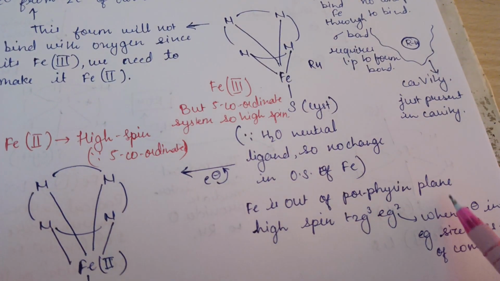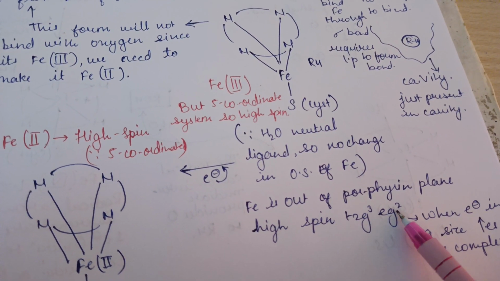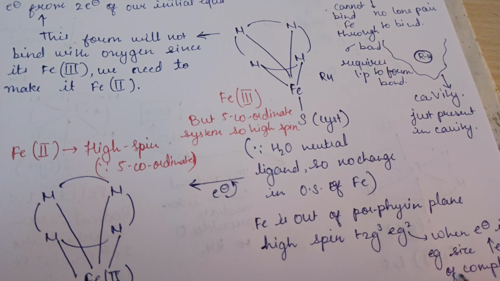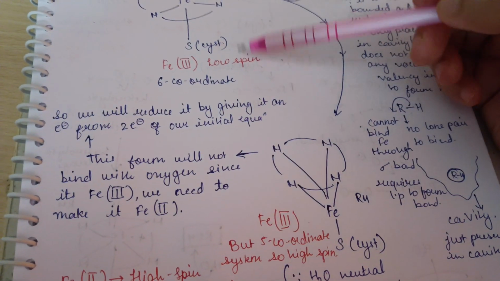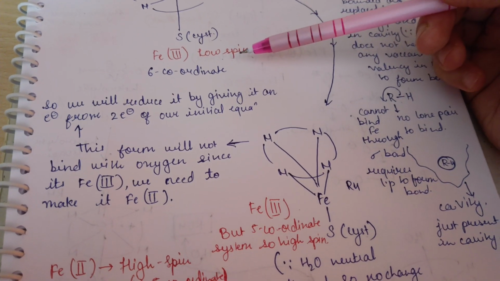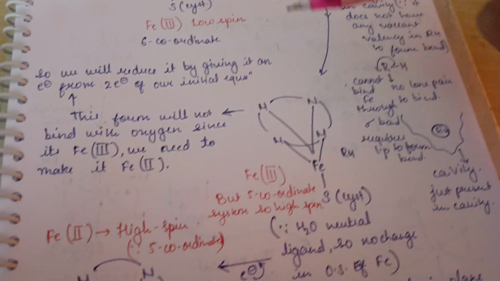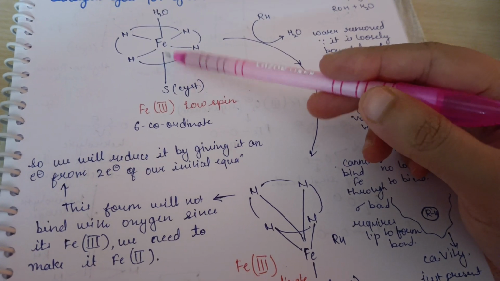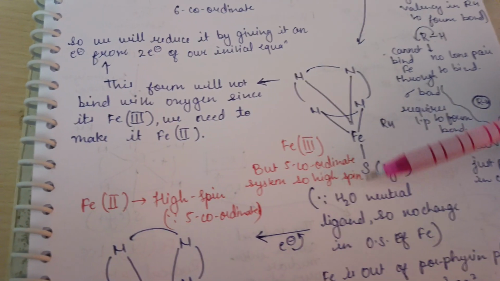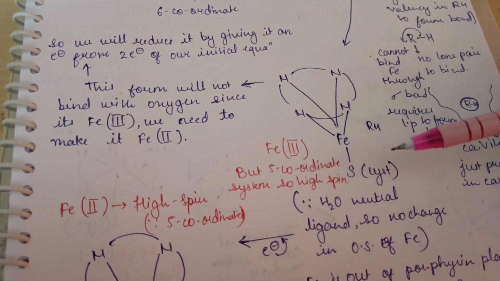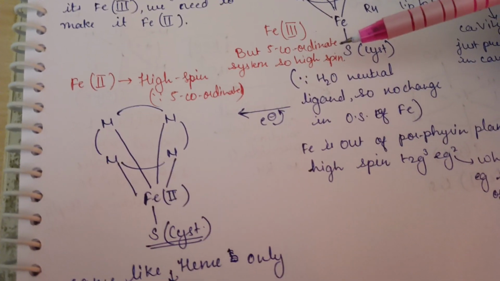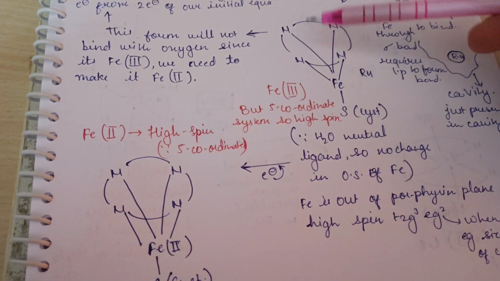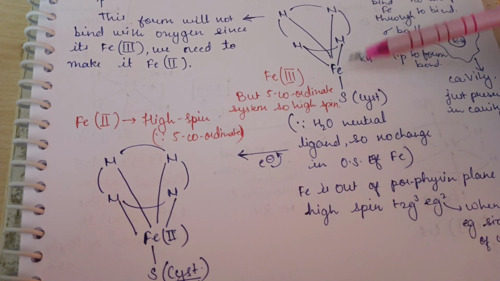When electrons enter the eg orbitals, the size of the complex increases, whereas here there are no electrons in eg, it is low spin, and all electrons are in t2g. That's why iron is in the porphyrin plane here, but not here.